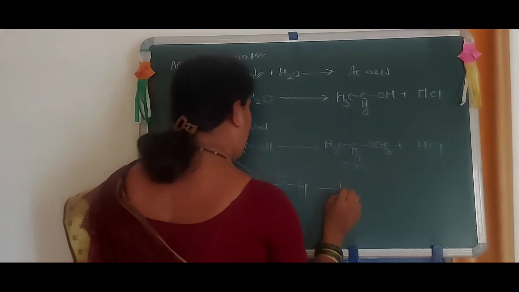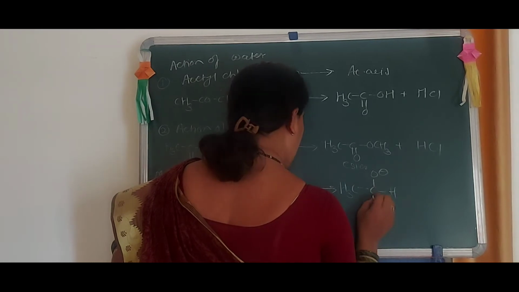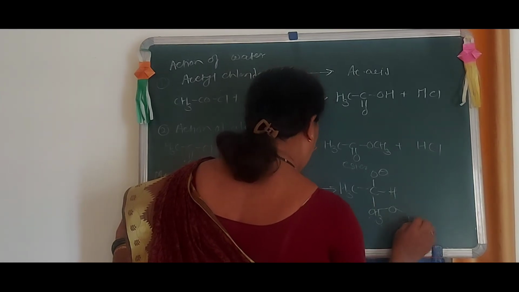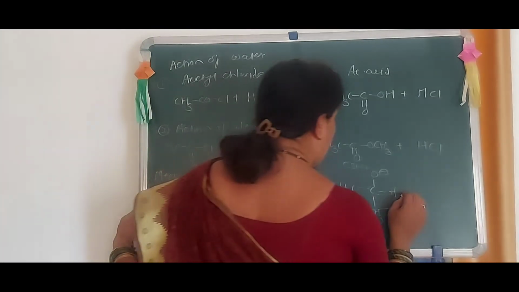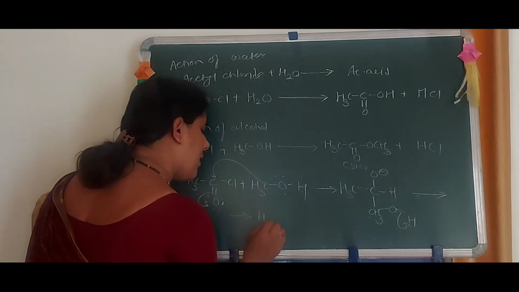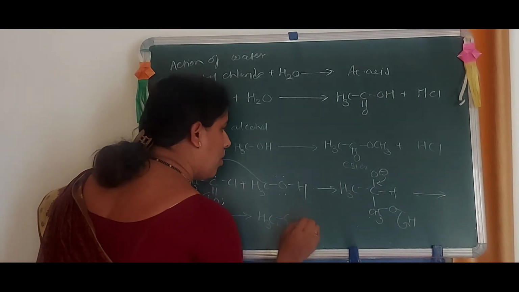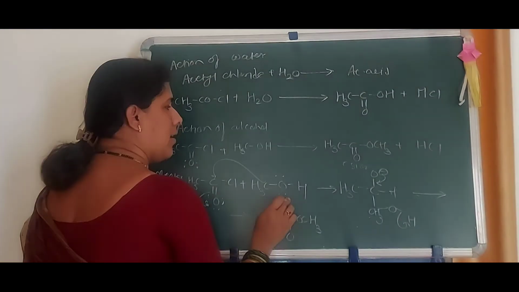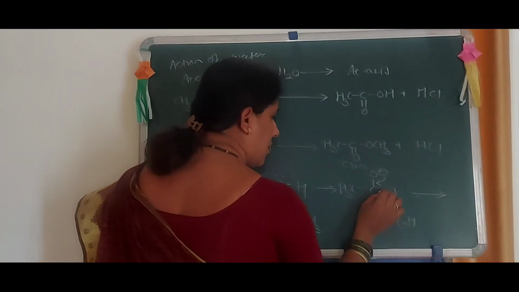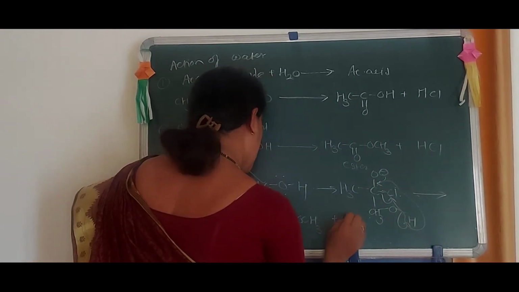There is formation of CH3CO minus with the oxygen bearing CH3 and H. Now this H spills out, and the bond goes here, forming CH3COOCH3. The Cl is the leaving group, therefore there is formation of HCl.